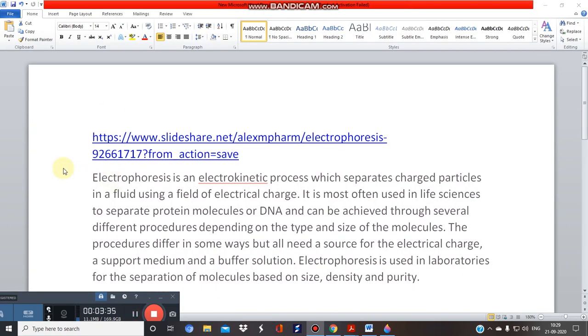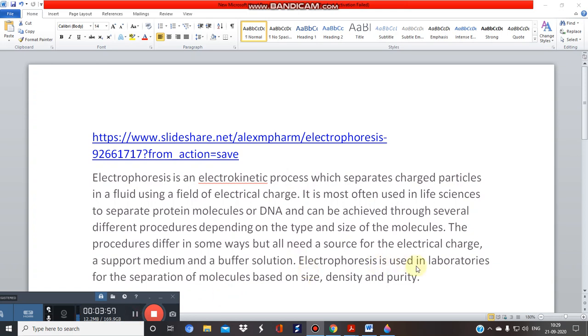If we talk about the principle of electrophoresis, it is based upon the electrokinetic principle, which involves the separation of different charged particles in a fluid using an external electrical field. It is widely used in life sciences for the separation of protein molecules or DNA.